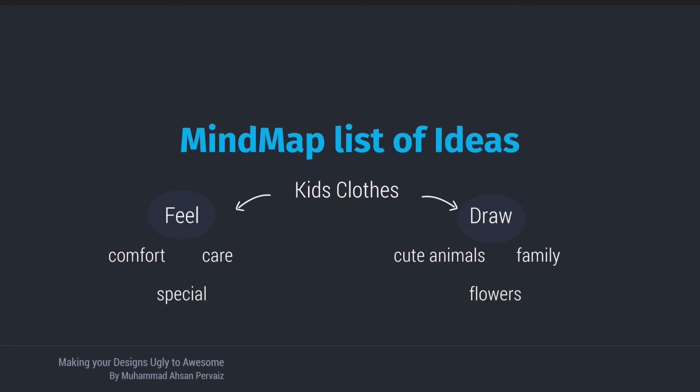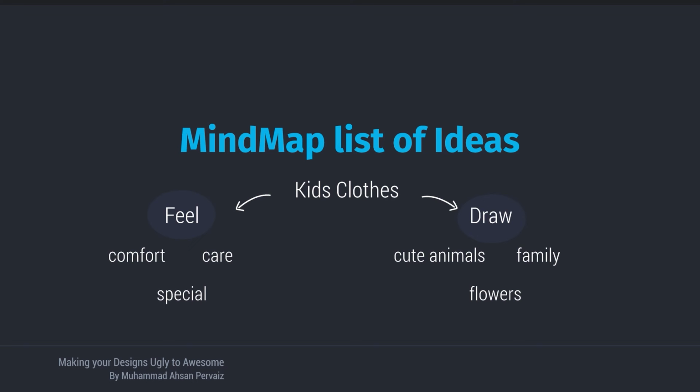Another technique is mind mapping a list of ideas. For example, if I am creating a logo or branding for kids clothing, I will try to see what directions I can go with. On the left, you can see I have the feel of the kids clothes. Kids are very delicate and they are like flowers. So I will try to use the feeling of comfort, care, and special.